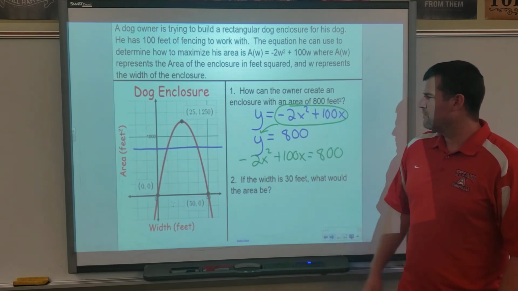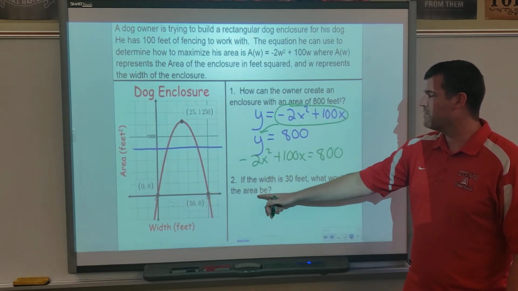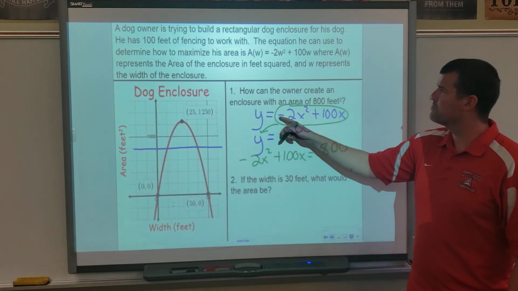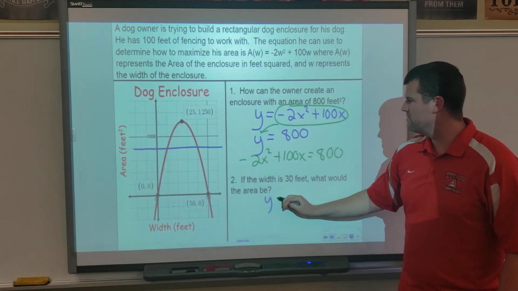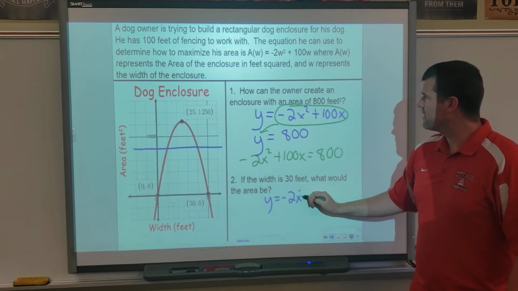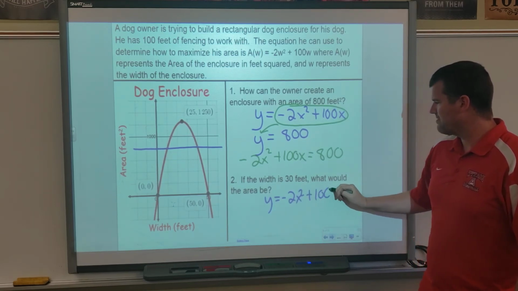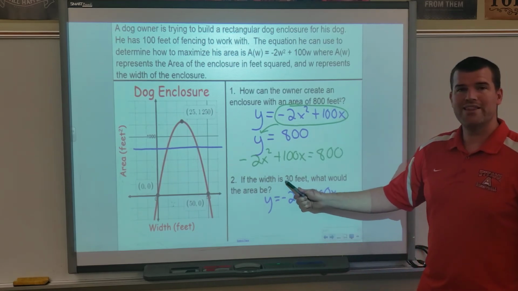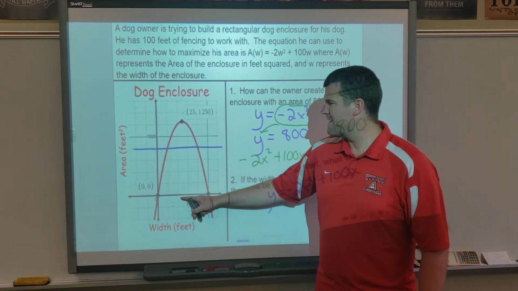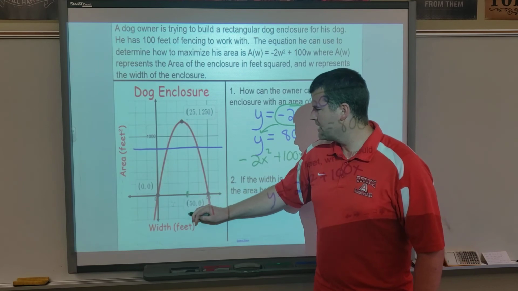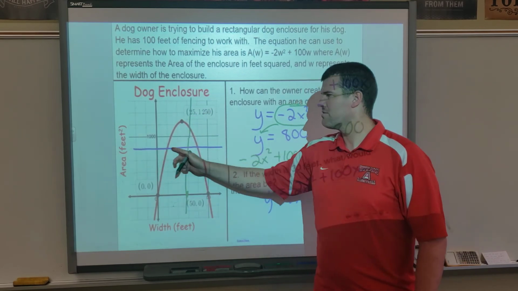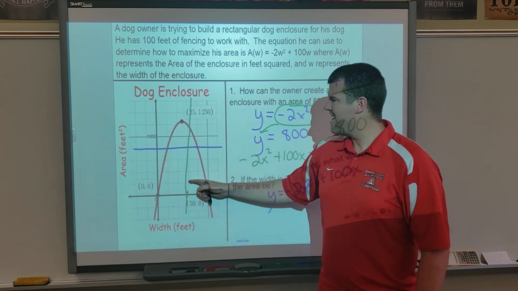Likewise, for finding what the area would be when the width is 30, we can take the equation of the parabola, which was this equation again. So y equals negative 2x squared plus 100x. But now for my second equation, I'm finding when the width is 30. The width is my x, right? And to get a vertical line, it's not going to be y equals, because that's what we did for a horizontal line. It's going to be x equals.